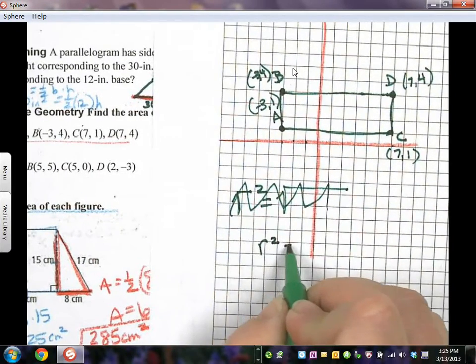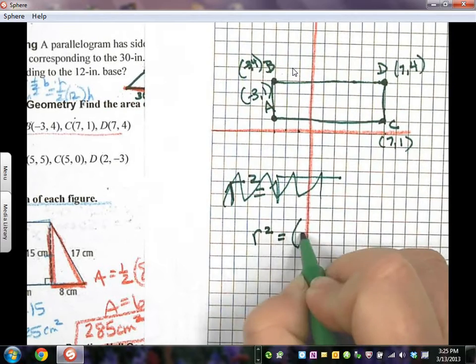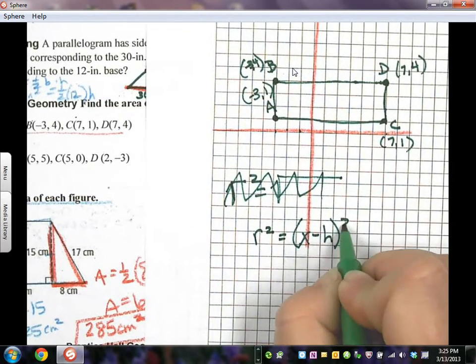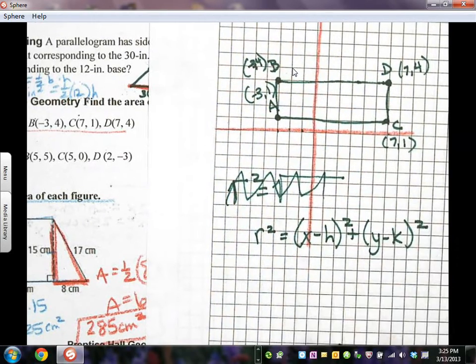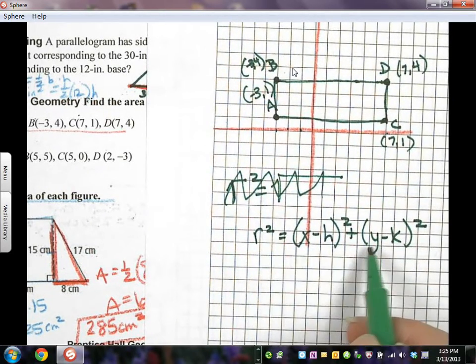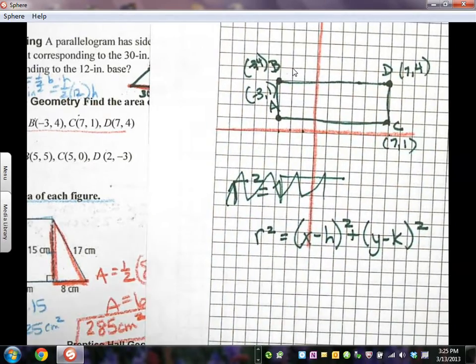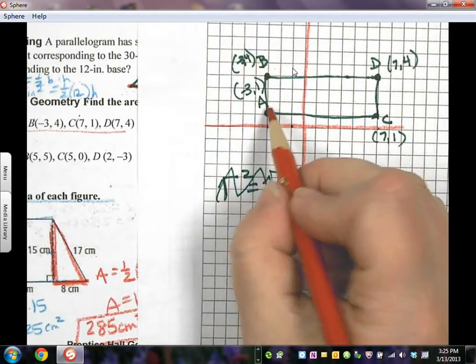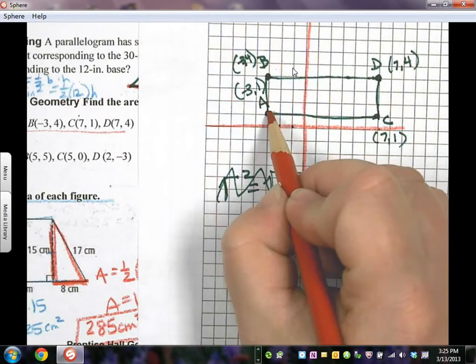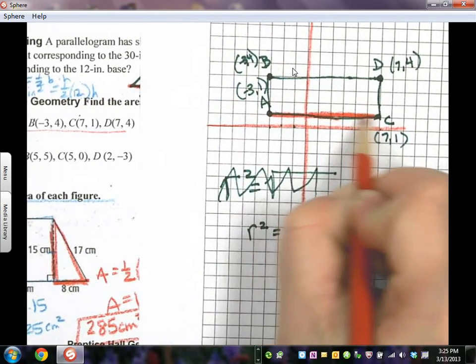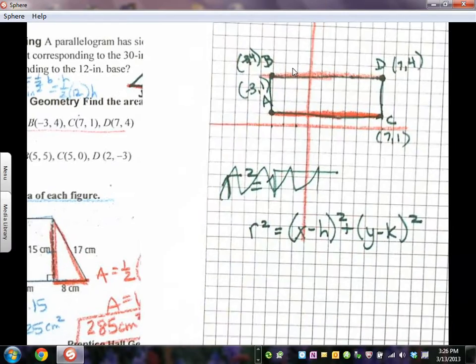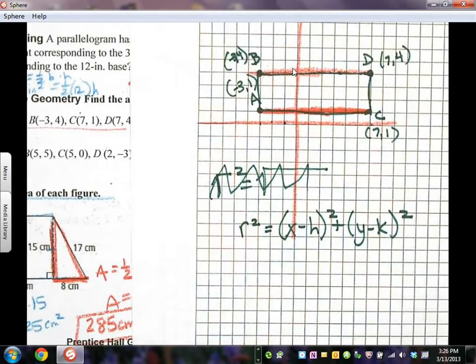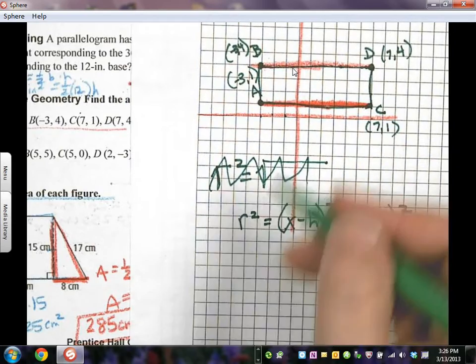R squared is going to equal x minus h squared plus y minus k squared. Now the x and the y is one point, and the h and the k is the other. So I'm going to find the length of this line right here, because if I find that one, and it matches with this one, then I know they're going to be congruent distances.